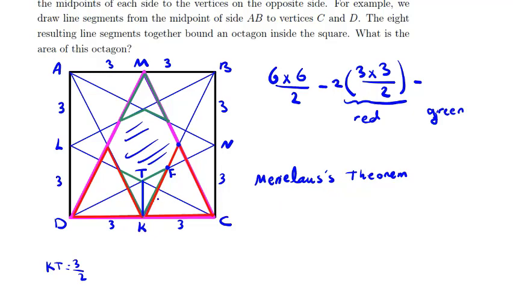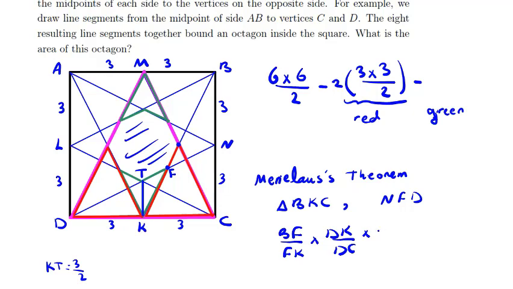So I want to find length KF. I use Menelaus's theorem for triangle BKC and a straight line NFD. So here BF over FK times DK over DC times CN over NB equals 1. CN over NB is 1, DK is 3, DC is 6, so it's 1 over 2.